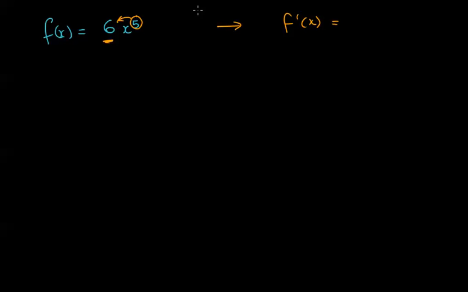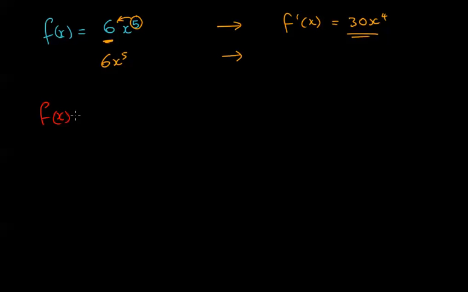So it's 5 times 6, which is 30. And then take 1 off that power, so it becomes x to the power of 4. So 6x to the power of 5 has derivative function 30x to the power of 4.